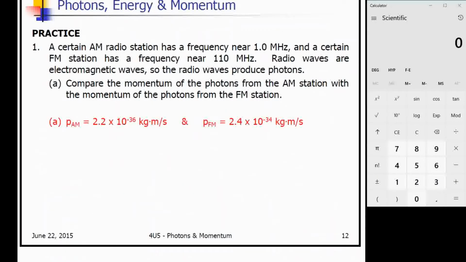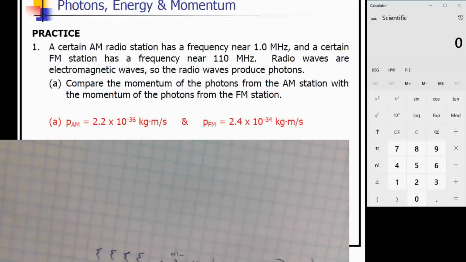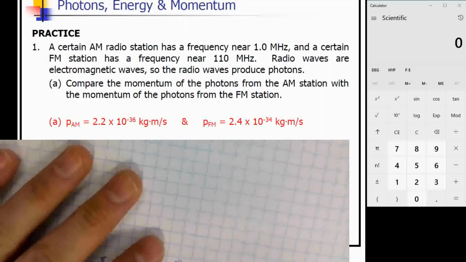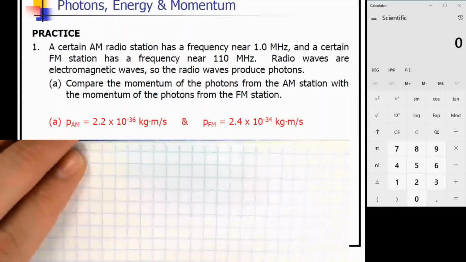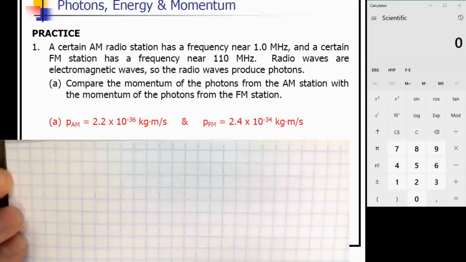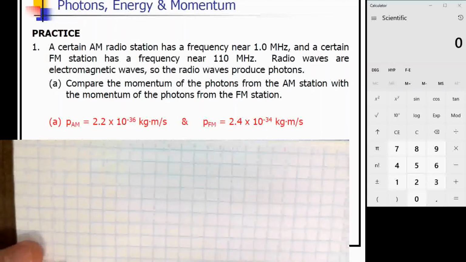So let's look at a question here. It says a certain AM radio station has a frequency of 1 megahertz. And then it also says that an FM station has a frequency of 110 megahertz. Radio waves are electromagnetic waves, so radio waves produce photons.